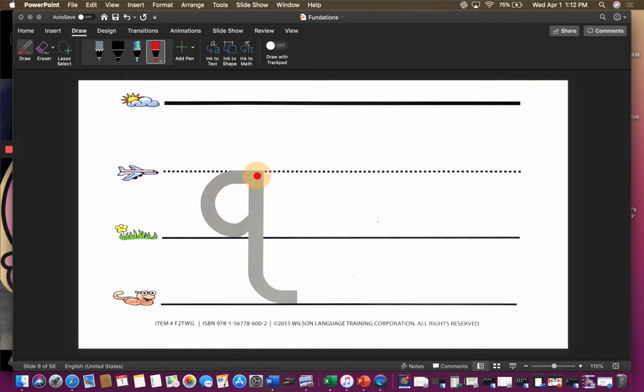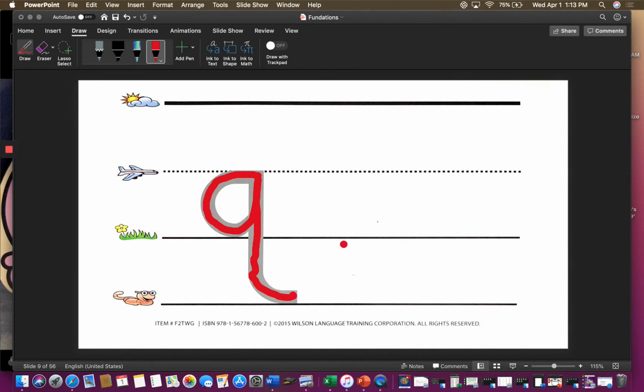We're going to trace back and go down to the grass line, around, and back up to the plain line. Then we're going to trace back down to the worm line and point up. Q, queen, qua.